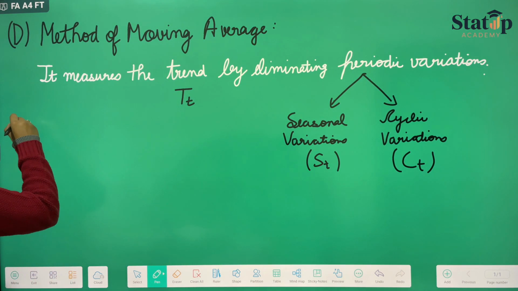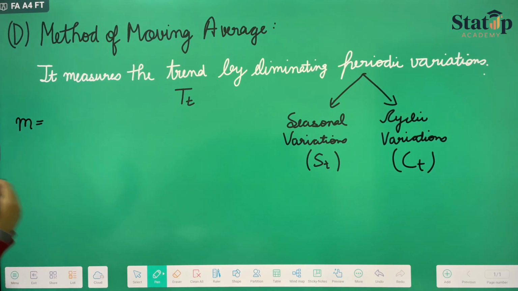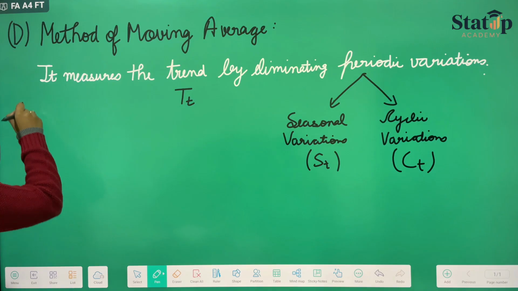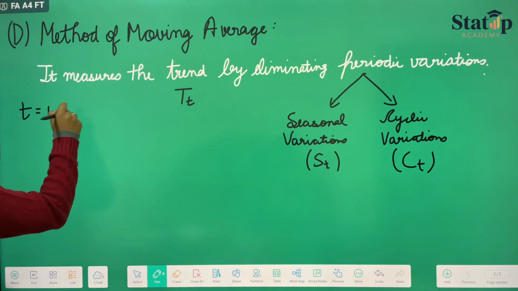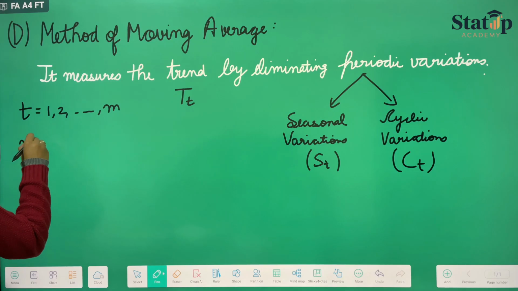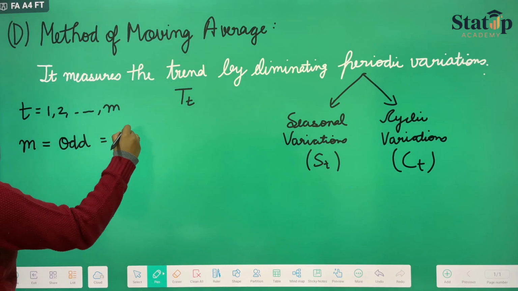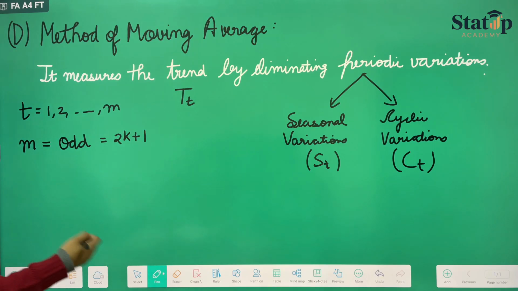So suppose our M, which is the total number of components or the time, suppose T goes from 1 up till M. So if our M is odd, that is equal to 2k plus 1, the values will be placed in between the time periods or the YTs.